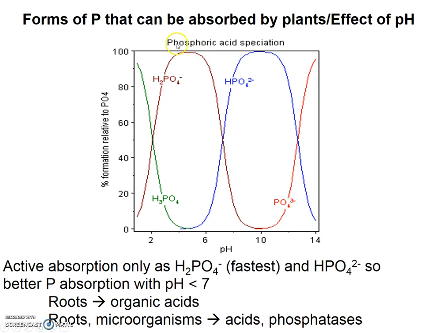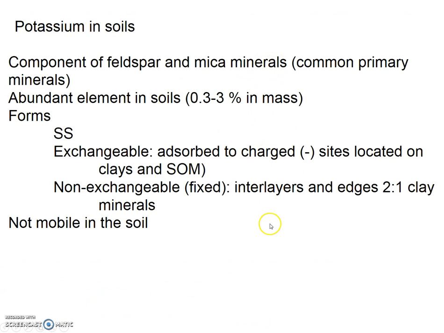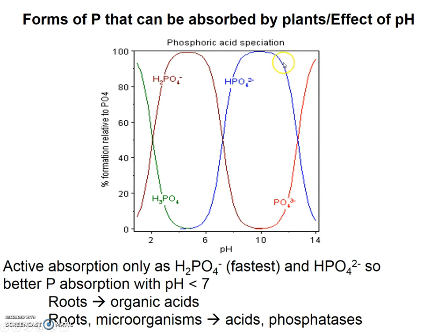For acid pH, the predominant form is the dihydrogen phosphate, while with basic pH, the predominant form is the monohydrogen phosphate. Therefore, the absorption of phosphate will be faster when we have an acid pH in the soil.